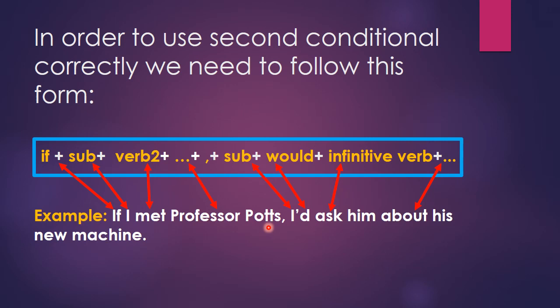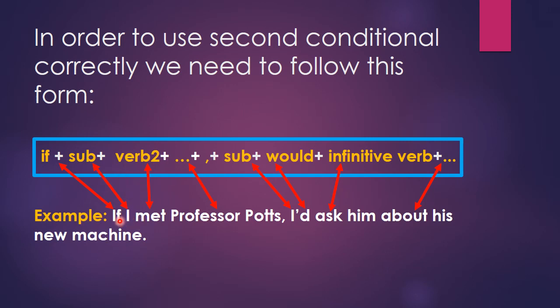You can't actually talk to him or be around him because that's physically not possible. So it's impossible to actually meet Professor Potts. This state or this event of meeting Professor Potts is impossible. It's not going to happen. So that's why I used second conditional, and I used it based on this form.